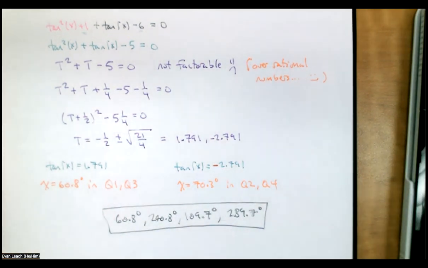So we get two values for the tangent because the equation was quadratic in tangent. And then we get two values for each of those two different tangents because tangent is positive or negative in two different quadrants.